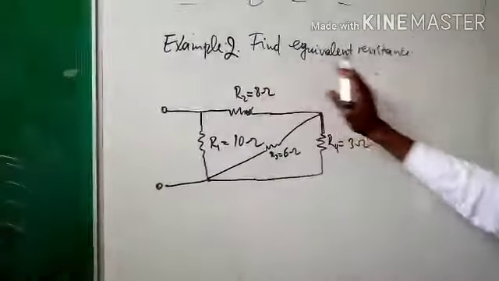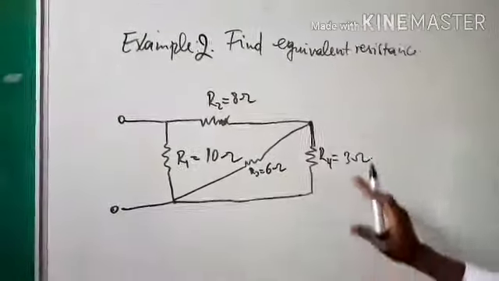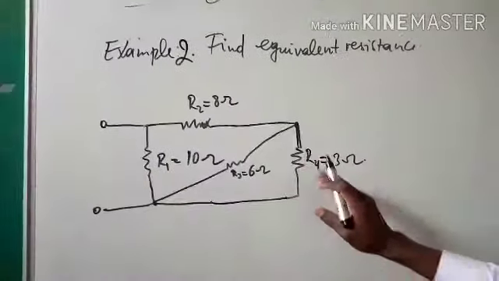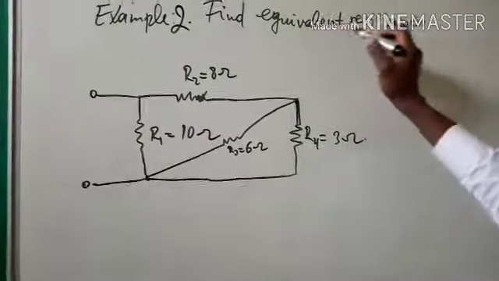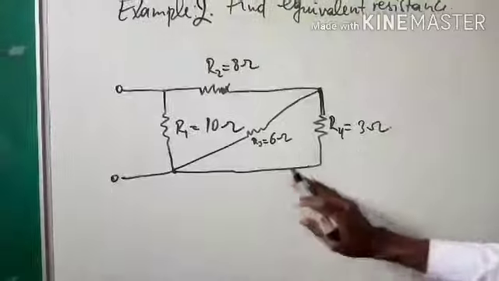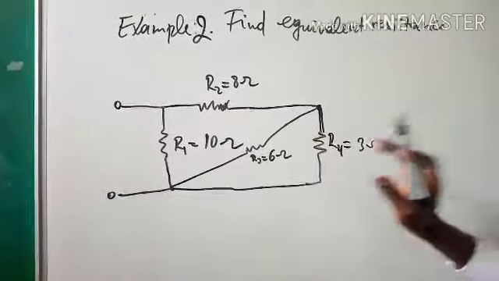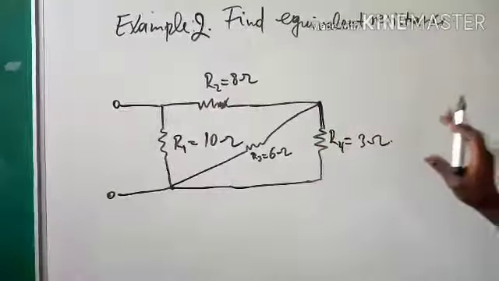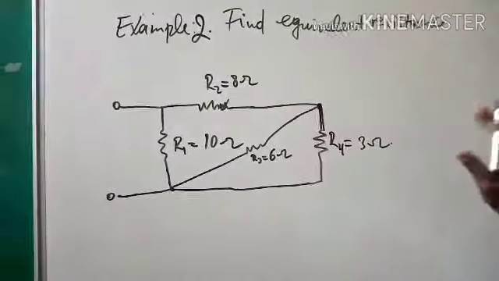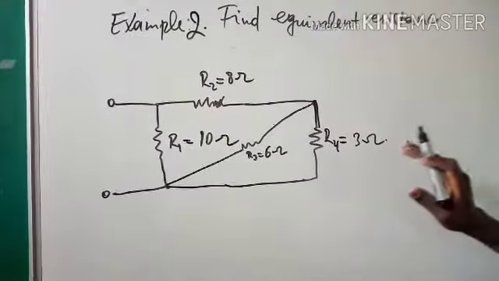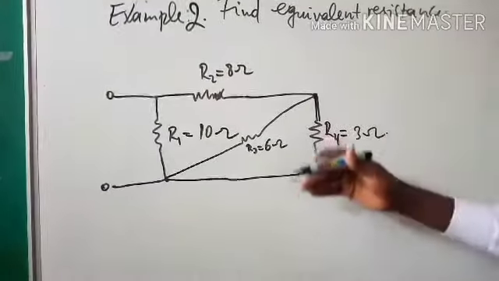Just example 2, also to find how we combine the resistance, and then we get the equivalent resistance. Here what you have to note first is to see which resistance is in parallel and which resistance is in series, and then you start from the side which will make your circuit simple.